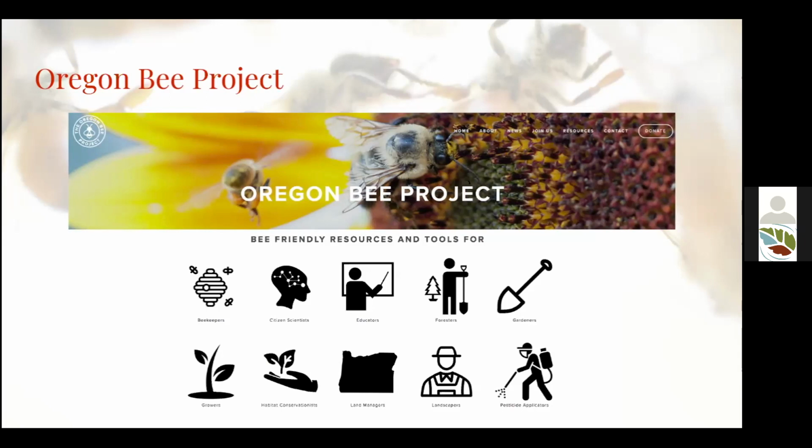Since they've started, the estimated number of bee species that we have in Oregon has changed from about 300 to 500. So it's been incredibly valuable information gleaned just from citizen science initiatives.